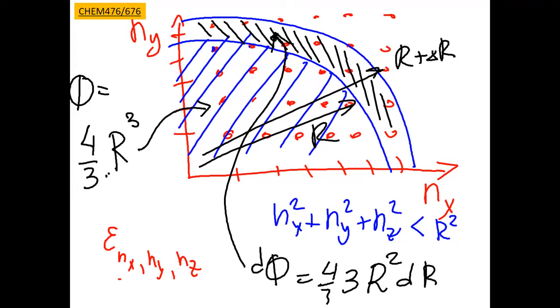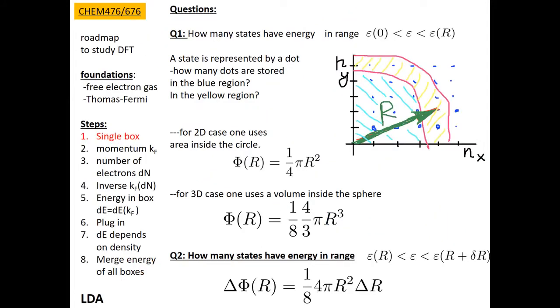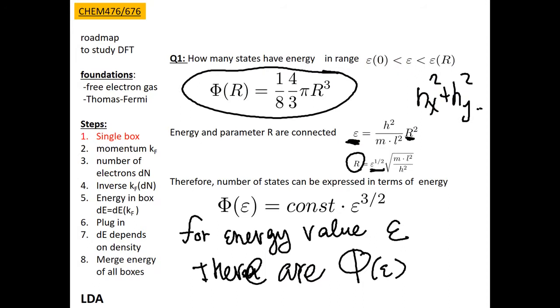We are looking for the volume, which is proportional to the third power, and here we have the number of states in the shell. Now we take a derivative of this distance and look at how many states are in the thin shell. So it will be power 2. And here we establish a conversion between energy and this radius.